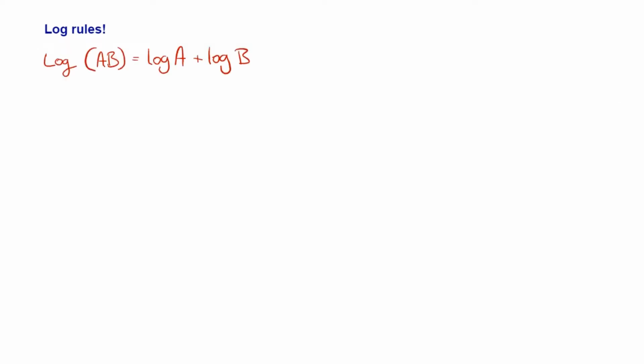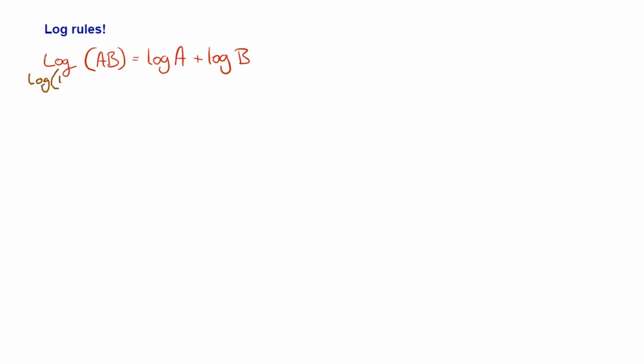Well, the first log rule is this one, which says that the log of a times b is equal to the log of a plus the log of b. Well, what's actually going on there, and we'll see why it's useful later, is, let's put in some numbers and, by way of an example rather than prove it, we'll just put in an example and see if it works.